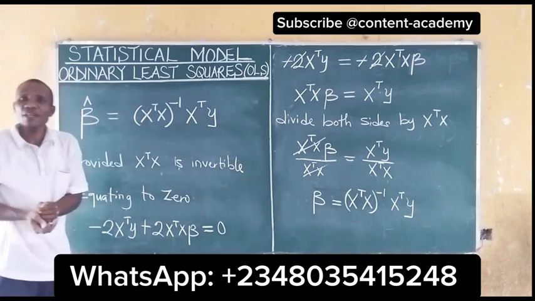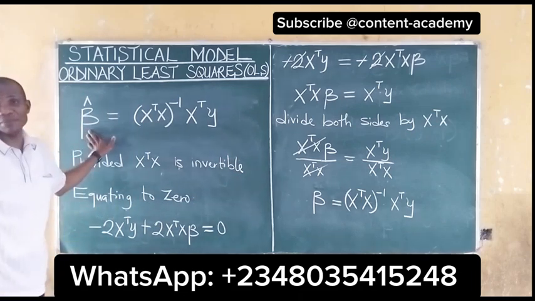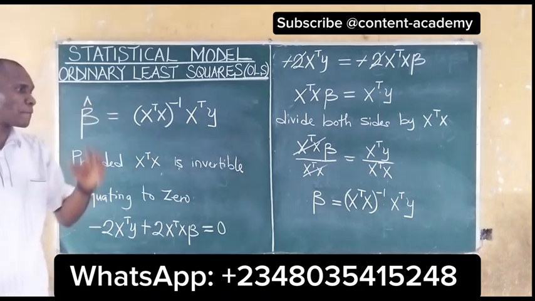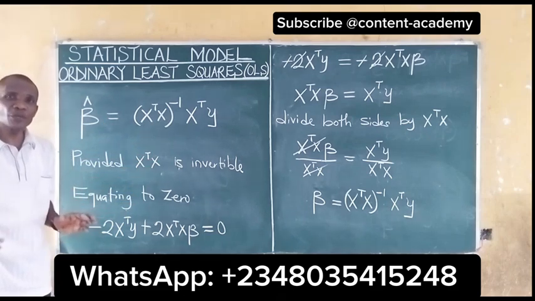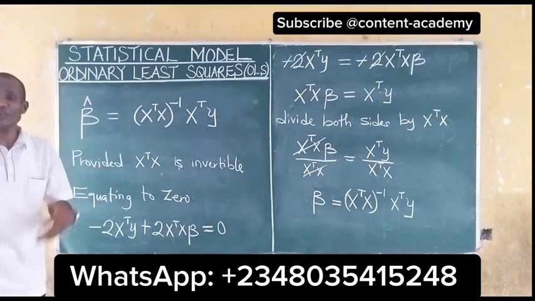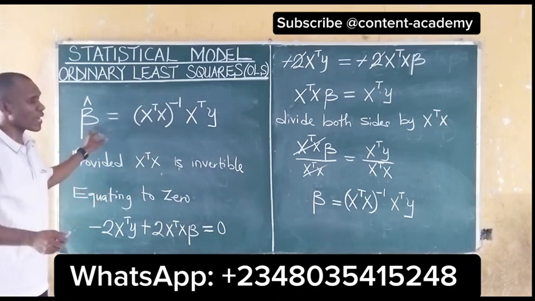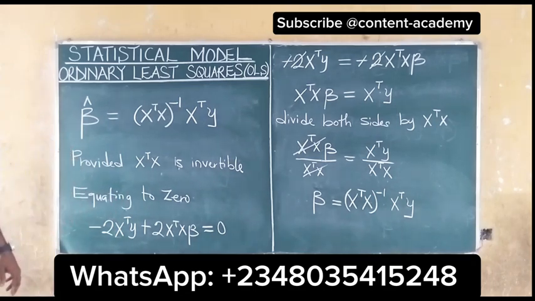So this is simply how we can obtain our beta estimate given the linear regression model. If we follow this pattern, it will be very easy for us to compute our beta estimate, or the vector of b. So this is simply how to derive the beta estimate for the given linear regression model.